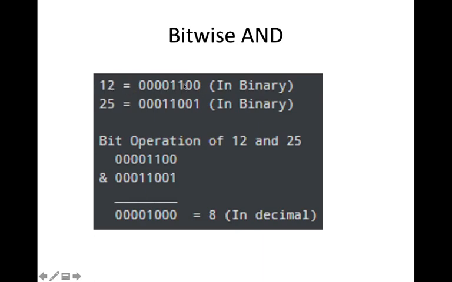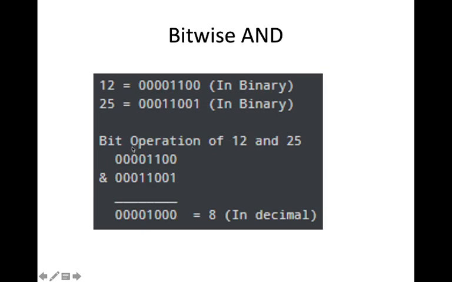We will learn how to convert when we write C programs, where we will convert binary to decimal and decimal to binary. At present, do not worry about this conversion. Just imagine that the binary representation of 12 is 0, 0, 0, 1, 1, 0, 0, and for 25 it is 0, 0, 1, 1, 0, 0, 1.